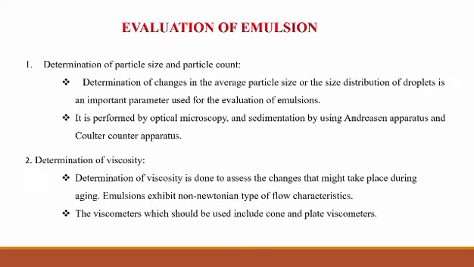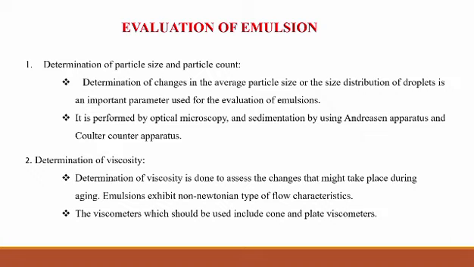Emulsions mainly exhibit non-Newtonian type of flow characteristics, so the viscosity can be determined by using viscometers, mainly the cone and plate viscometers. Mainly the Brookfield viscometers are used for the evaluation of viscosity, because the emulsion exhibits non-Newtonian flow.